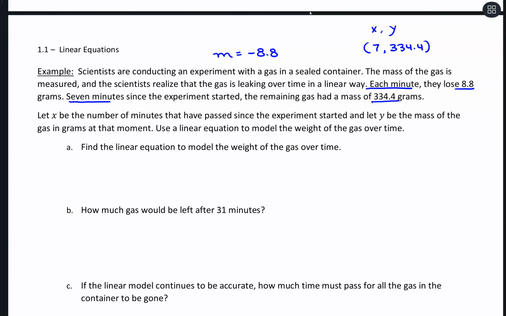But what we don't know is our y-intercept, but we have a coordinate to plug in. So we can solve for b. So we're going to plug in 7 and the 334.4 to solve for b.